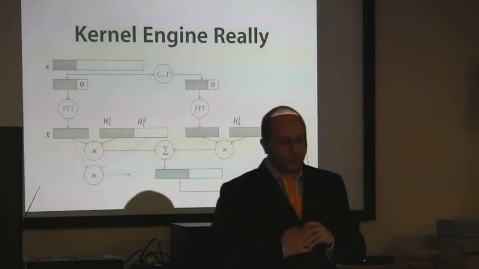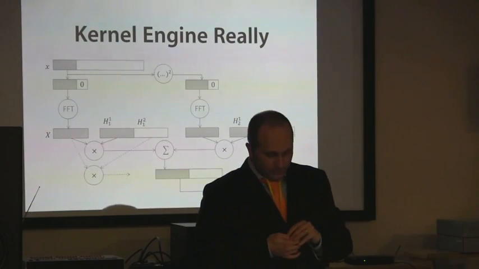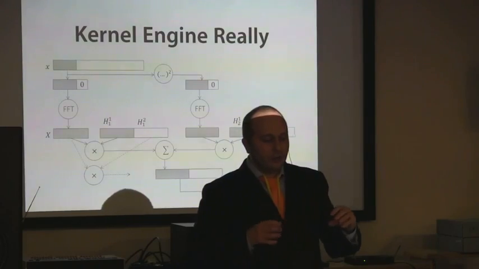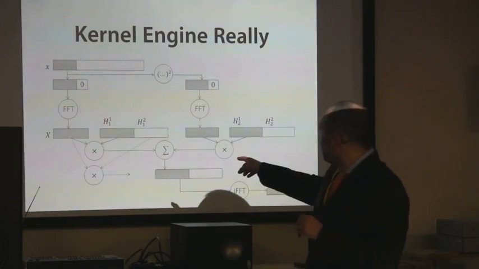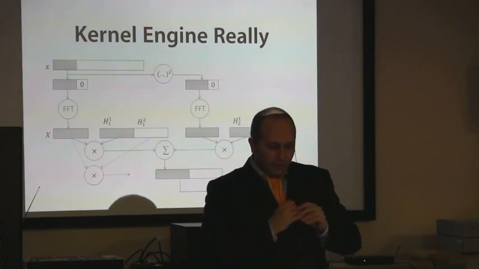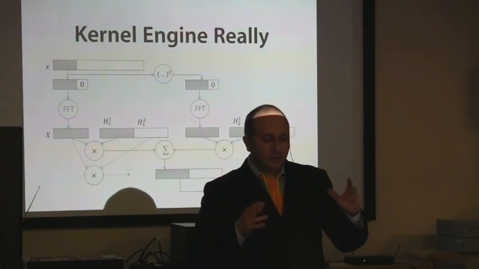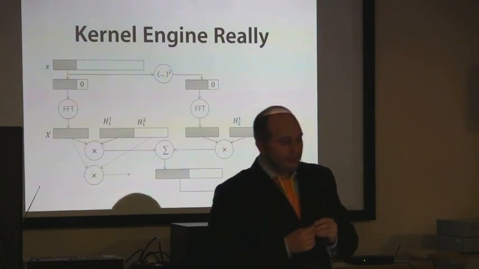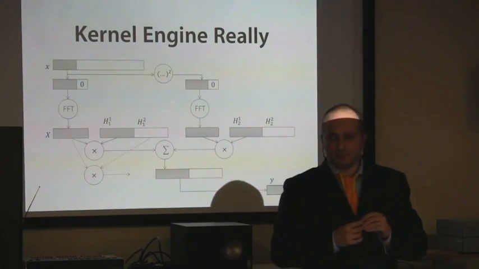You make your partition and convolution. In this case, you have a sort of big accumulator, which is under the summer. And as you can see, you can save a calculation because you can have just one inverse fast Fourier transform.